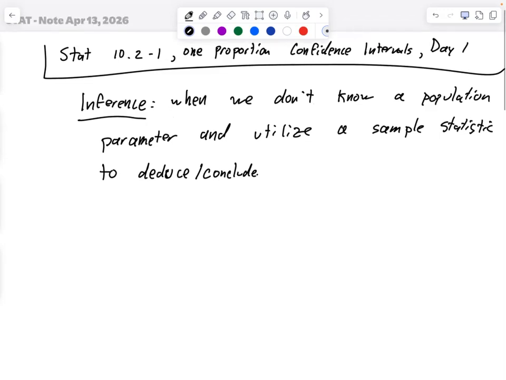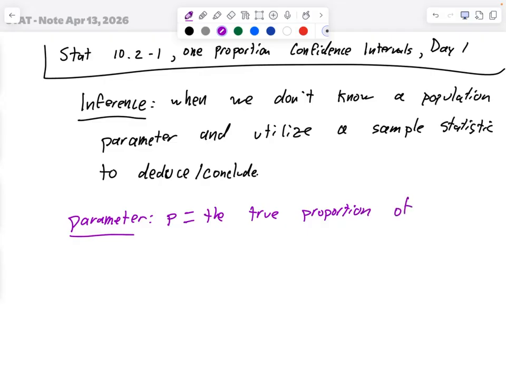As you can recall, the parameter that we are interested in is P, the true proportion of blank who blank.